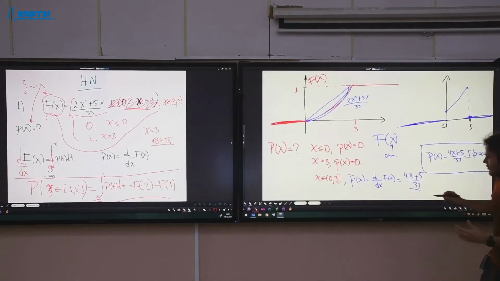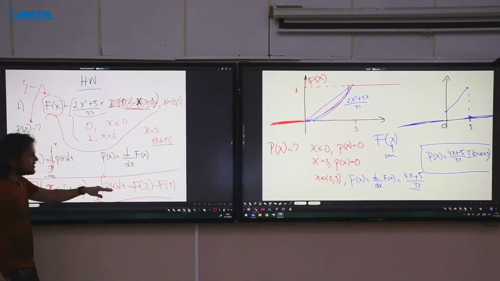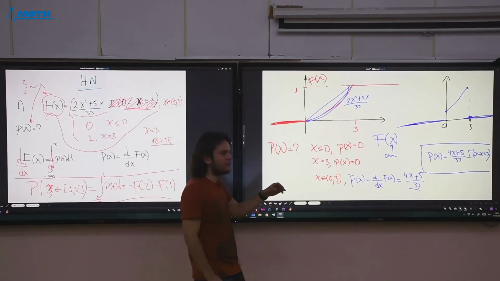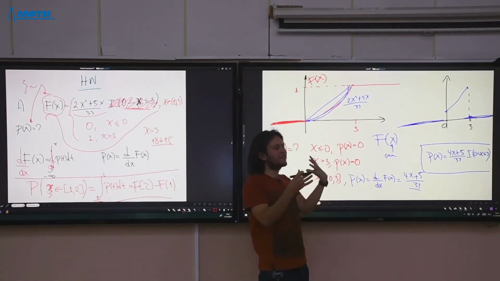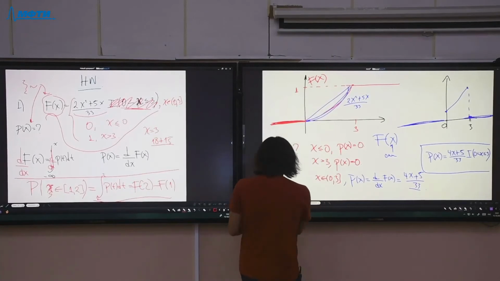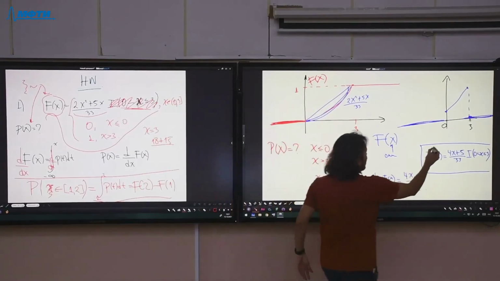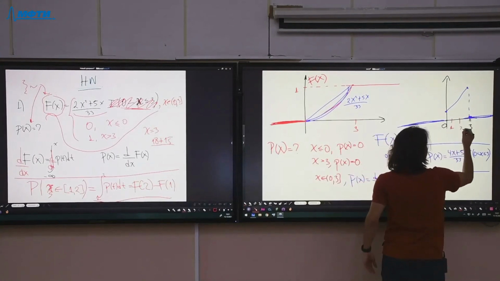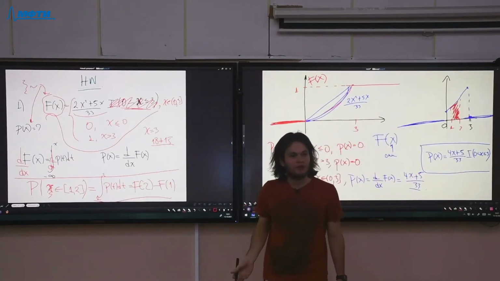I told you that the integral from A to B of the density is the probability that xi belongs to A to B. So here we have 1, here we have 2. This area is the probability that xi belongs to this interval.